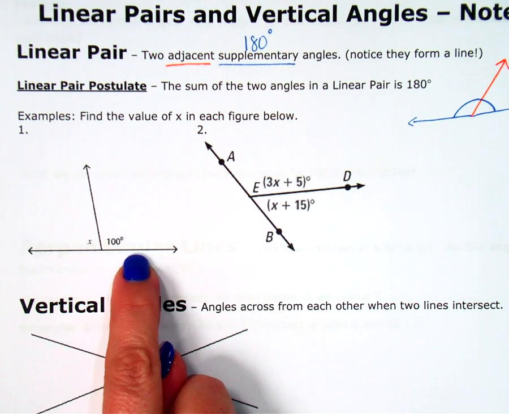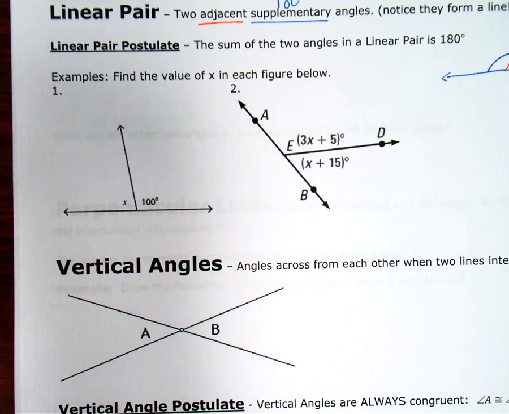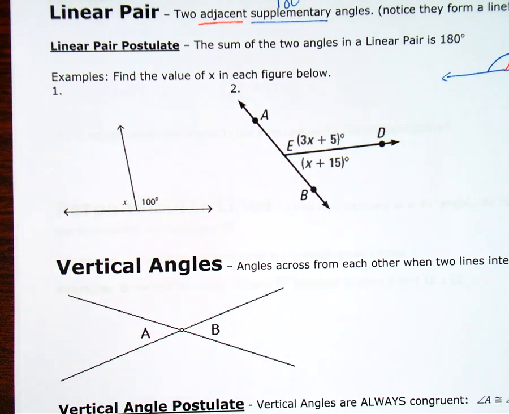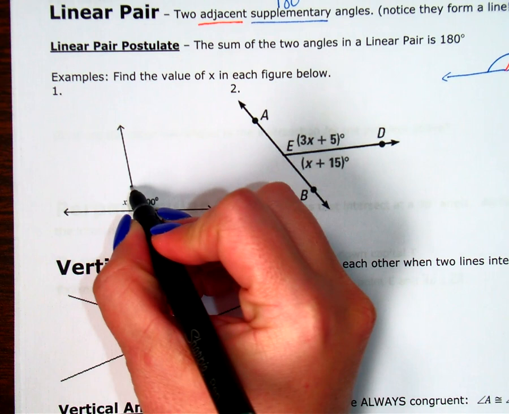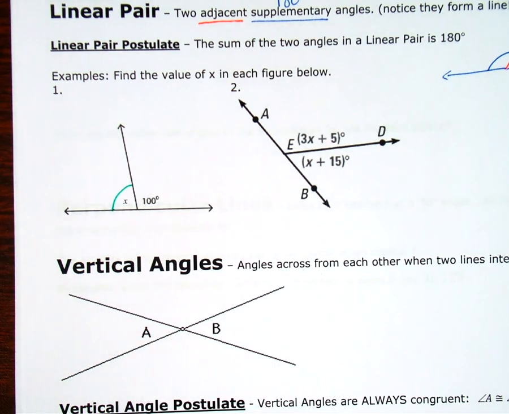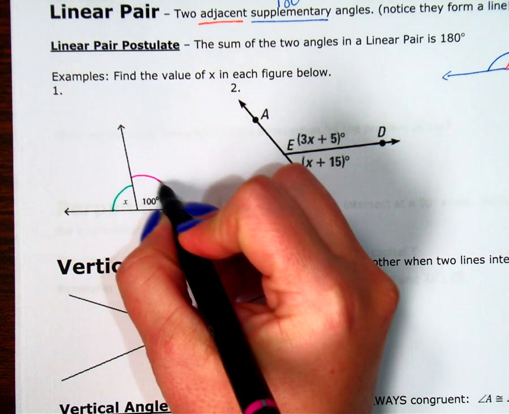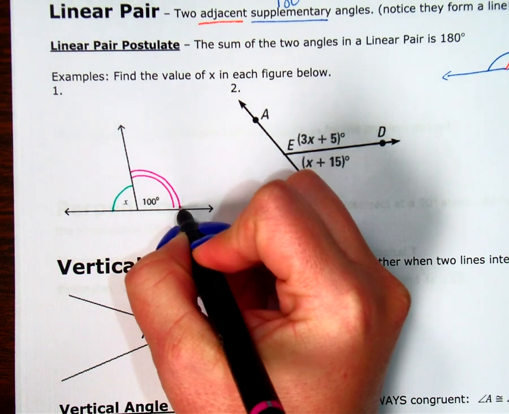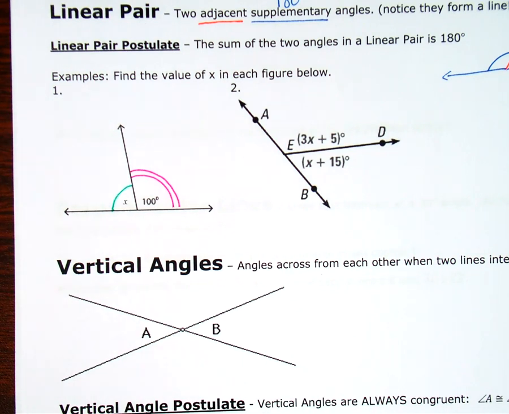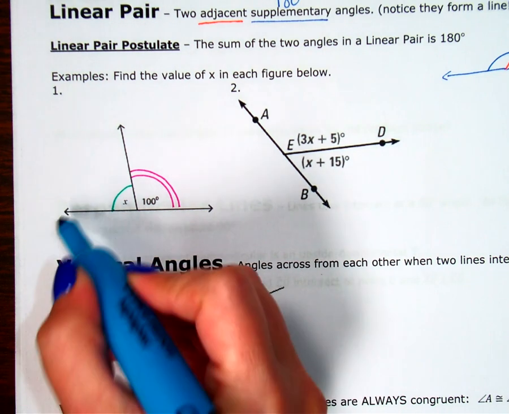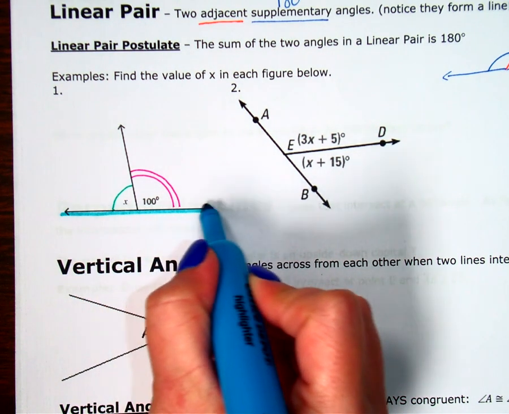Okay, so now let's look at this example. If I have two angles and they're adjacent, the angle on the left is x, and the other angle on the right I'm marking in pink. I can tell that they do make a line along the bottom, so they are a linear pair.